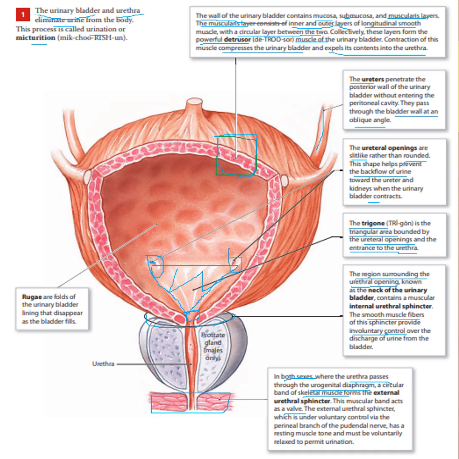The external urethral sphincter, which is under voluntary control via the perineal branch of the pudendal nerve, has a resting muscle tone and must be voluntarily released to permit urination.